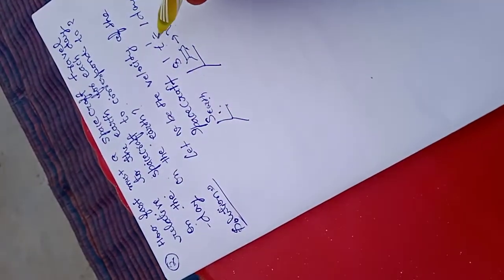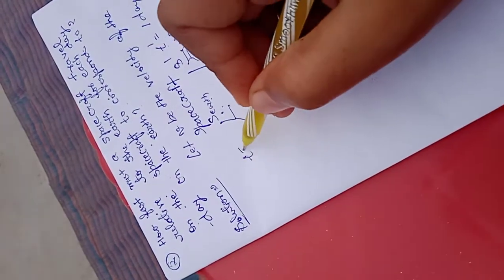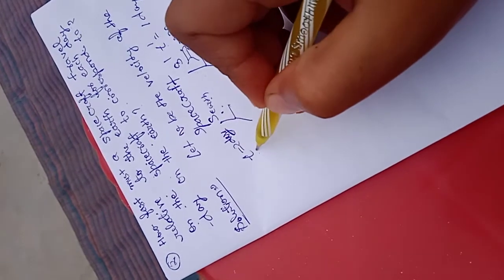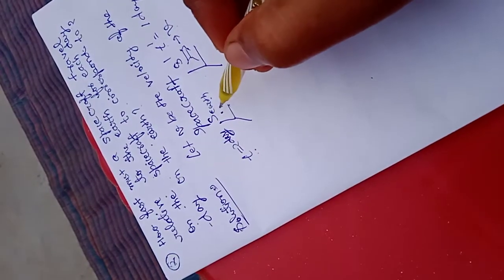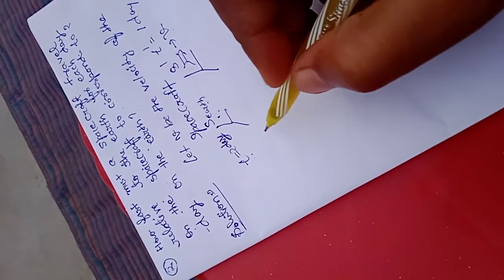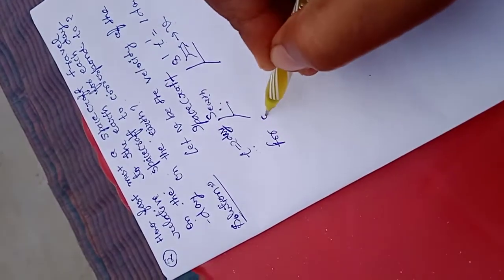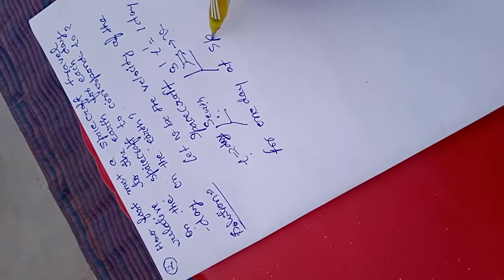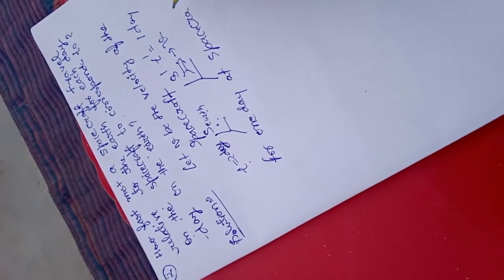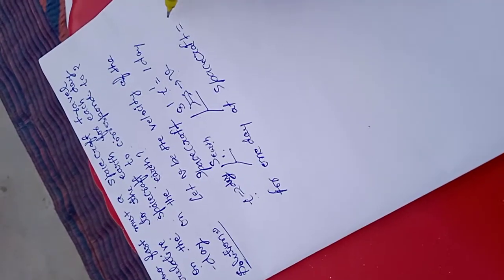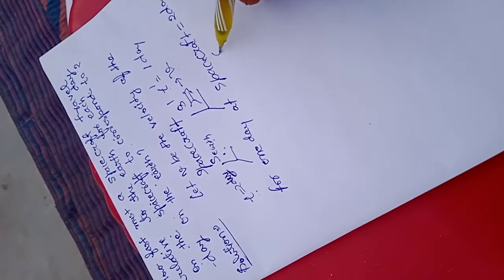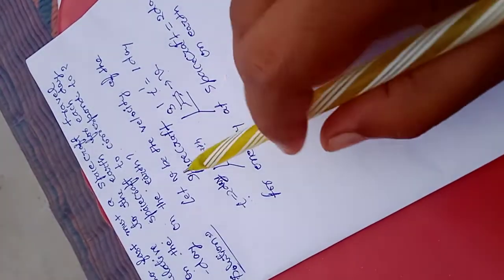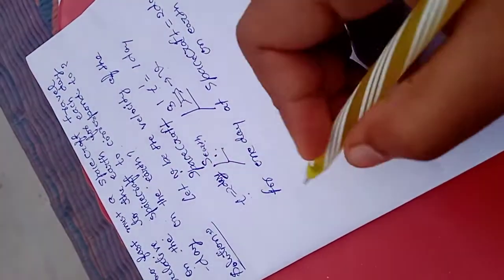So if t dash equals 1 day, then t equals 2 days, where t is the time for frame S. That means 1 day at spacecraft equals 2 days on earth.